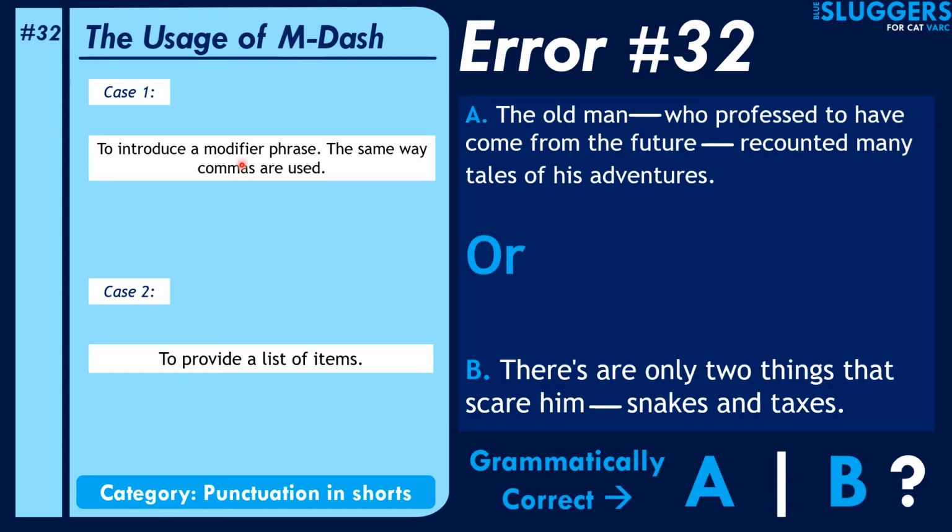Coming back to M dash, there are two cases to be considered. The first case is when the M dash is used to introduce a modifier phrase. If you remember, I think it was the third or fourth error type at the very start of the series, where we talked about excusing the modifiers.